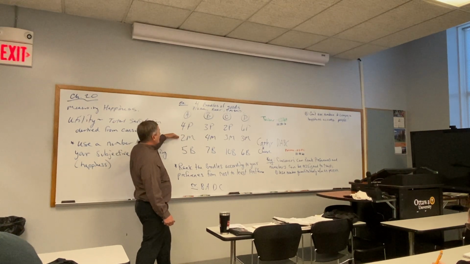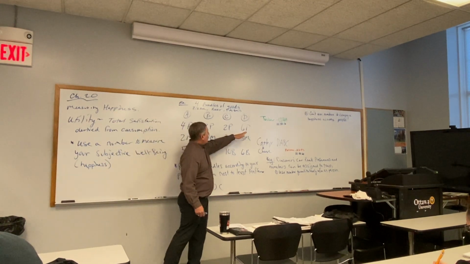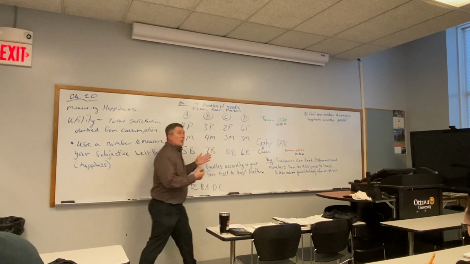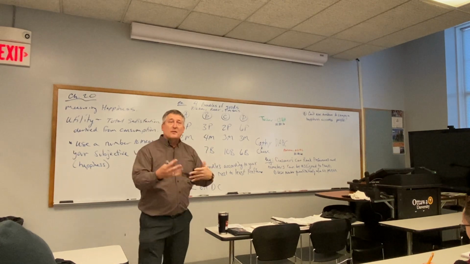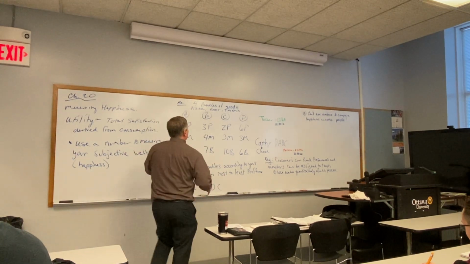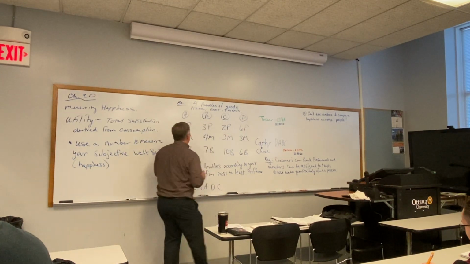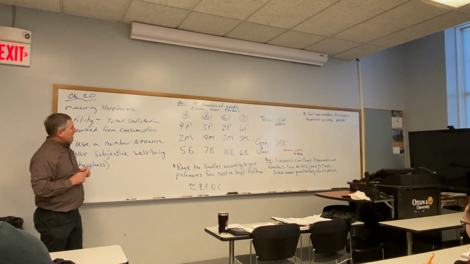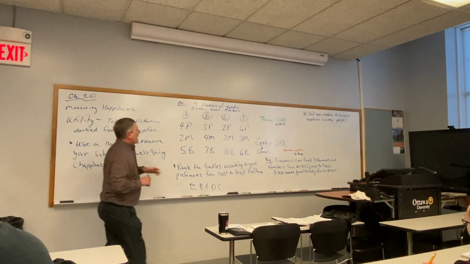Okay, and so we got the most pizza here, and you're a pizza lover. Okay, so we were able to see some of the preferences come through that way, right? So that we can see the types of goods that each person prefers.